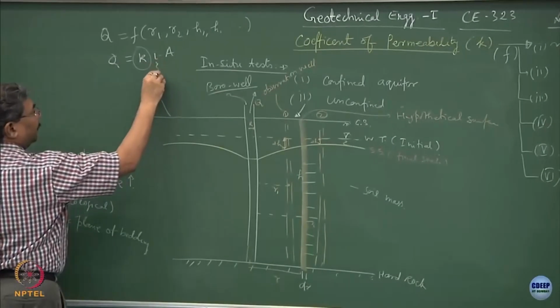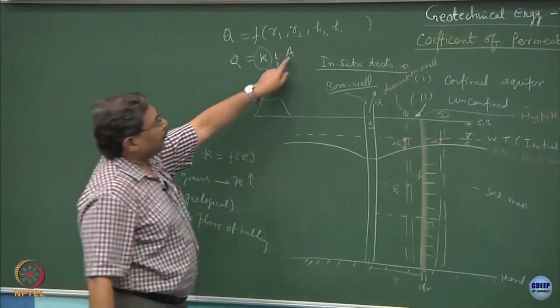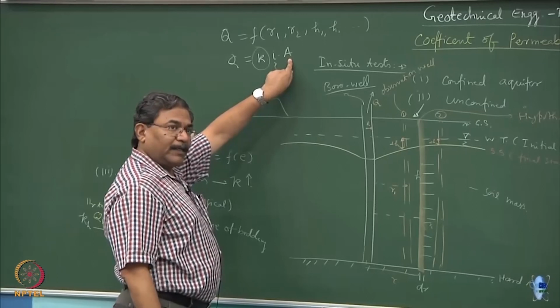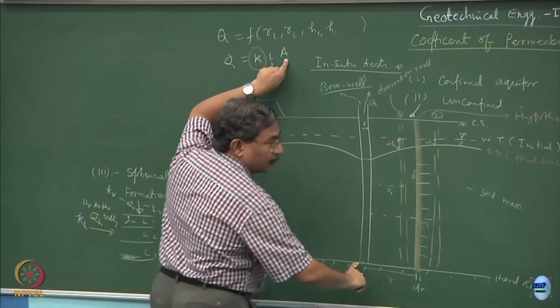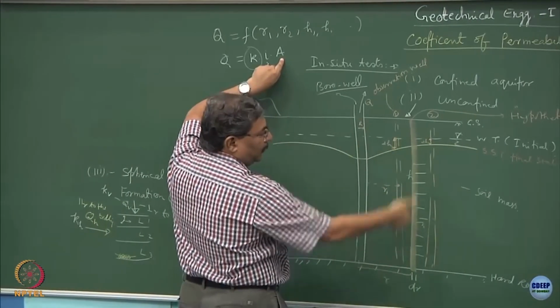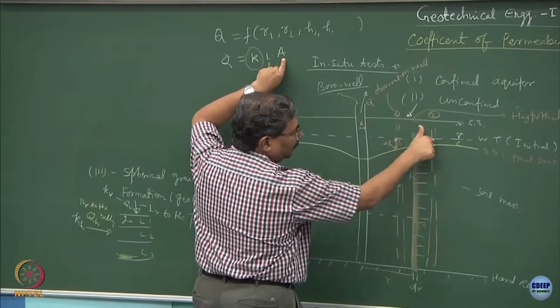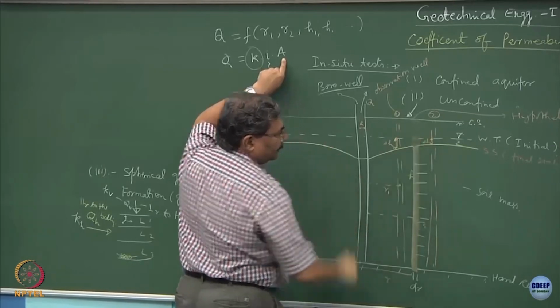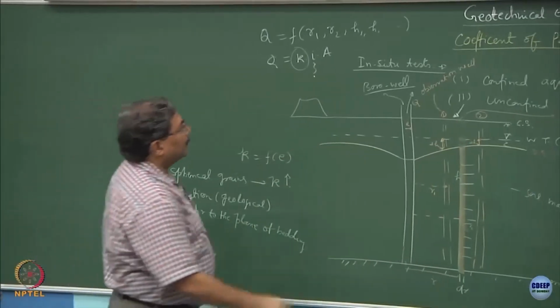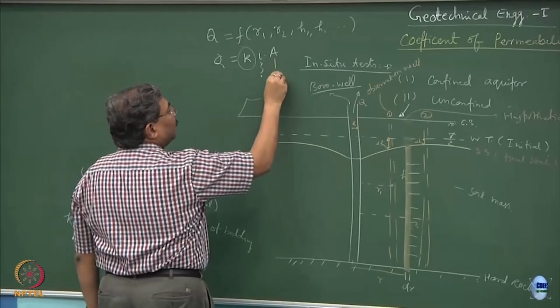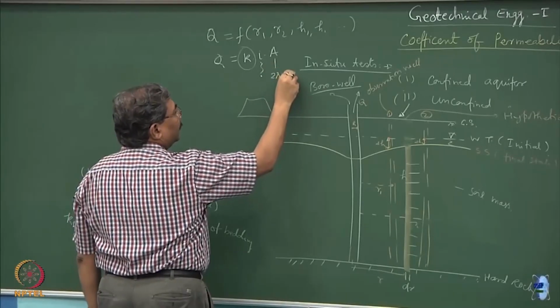What is I? Area is not an issue, area I can obtain. What is the area? The curved surface will be 2 pi r into h. Is this okay? So, I need not bother about this thing. So, that means area will be 2 pi r into h.